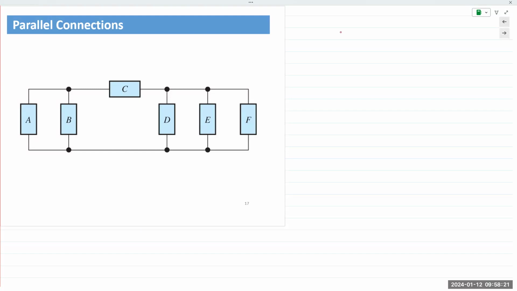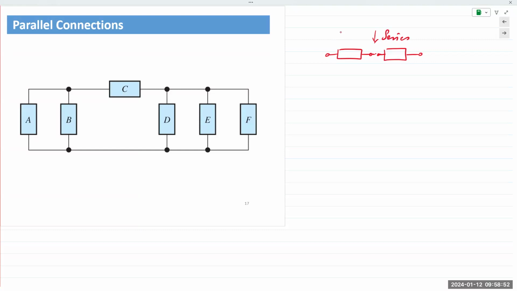So if you take any 2 elements and you join them together, so this is 2 terminals for each element, and you combine one end of each element to each other, we call it a series connection right here. A series connection should not have more than 2 connections at that junction.